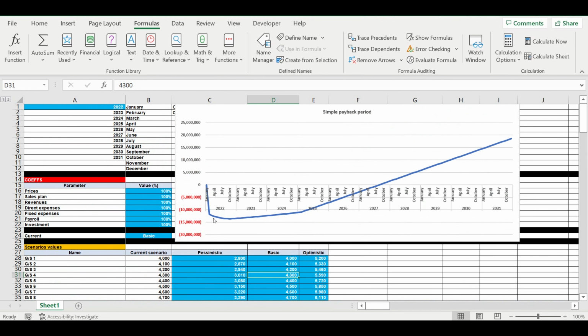On the top we have basic coefficients for scenario play: for pricing, sales plan, revenues, direct expenses.